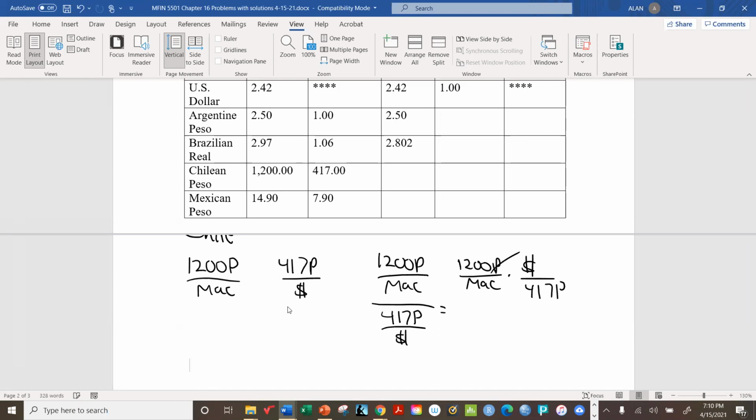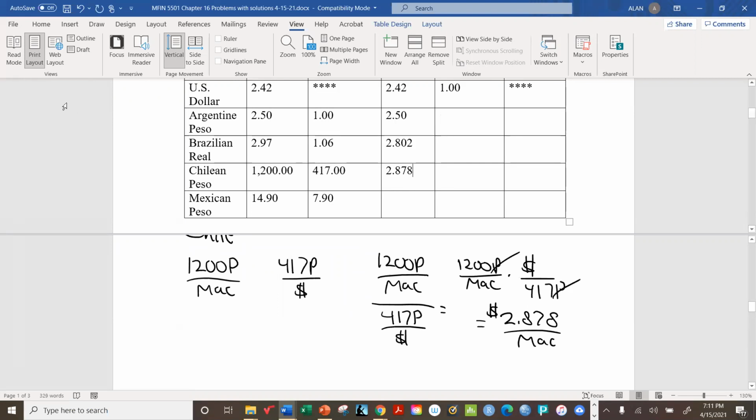The pesos drop out, and we're left with that ratio is equal to 2.878 dollars per Big Mac in Chile. So we have 2.878.